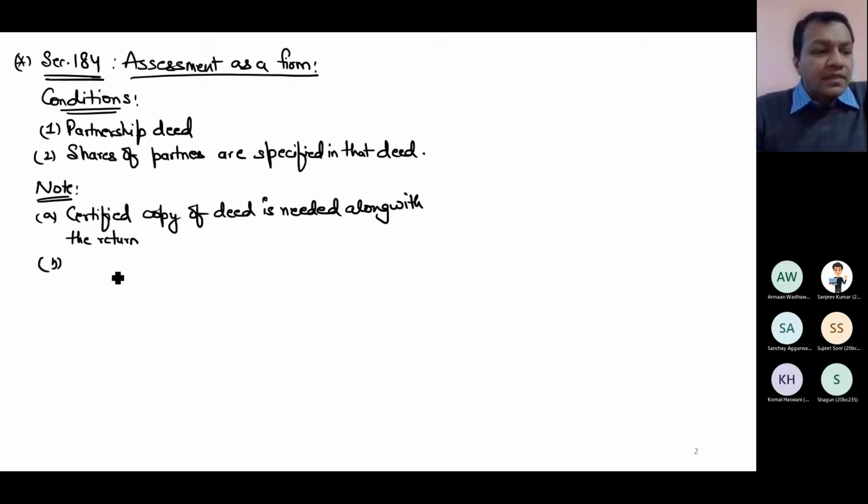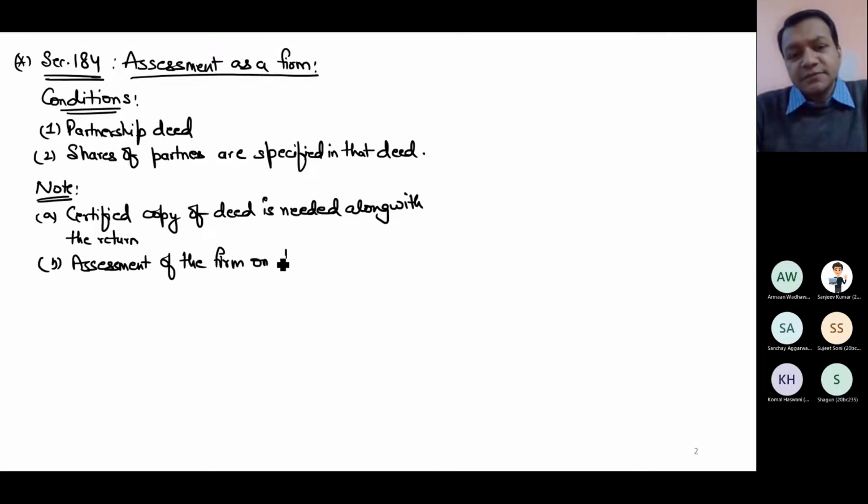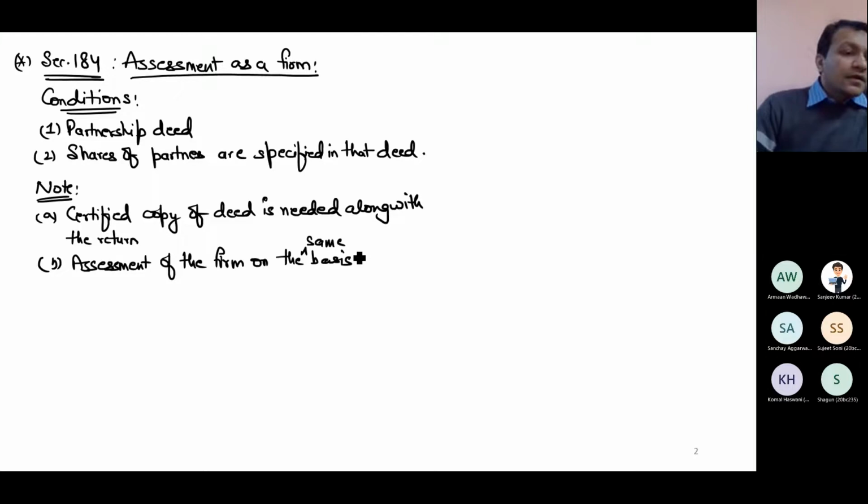Second, assessment of the firm on the same basis unless there is any change in the constitution of the firm.